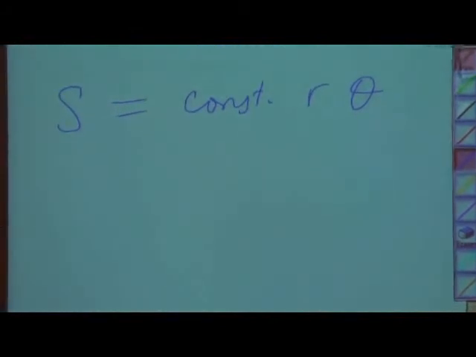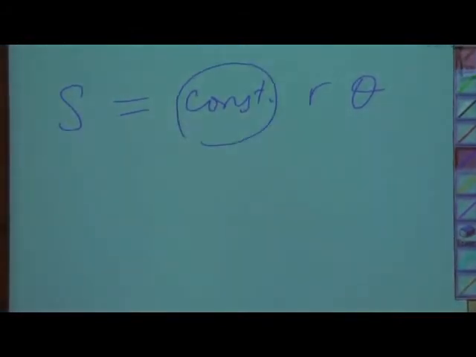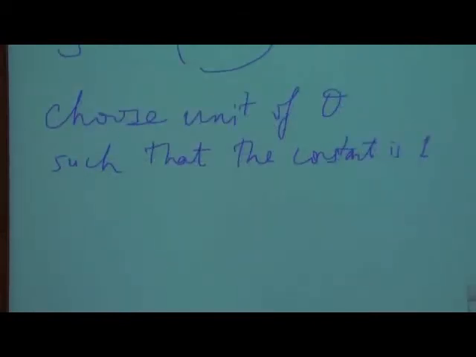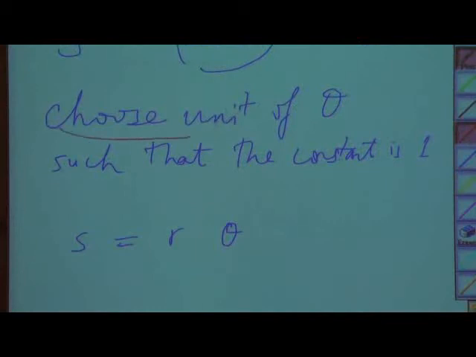Okay, so I know just from geometry that S equals some constant times R times theta. And with our usual degree units, that value of the constant is 2 pi over 360. Now to make life simple, let us choose some other unit for degree such that that constant is simple. What is the simplest constant I can put there?